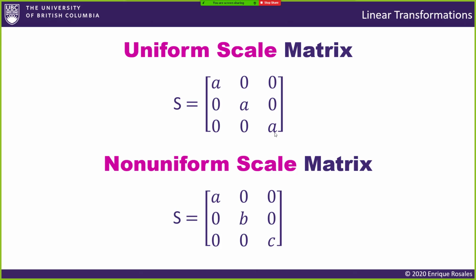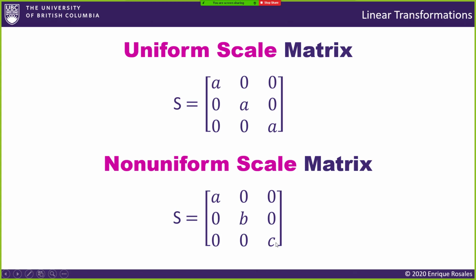So you take all the positions on a 3D model, multiply by this scale matrix with 3, 3, 3, and you get exactly the same model, but 3 times bigger.